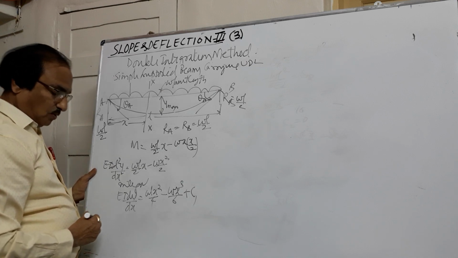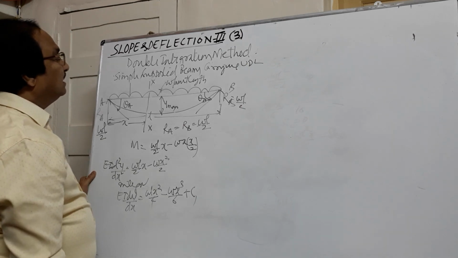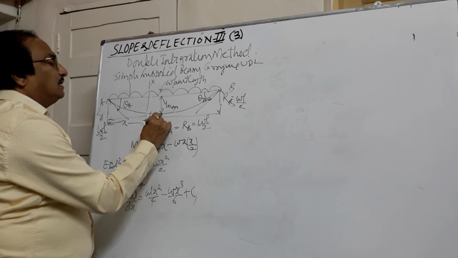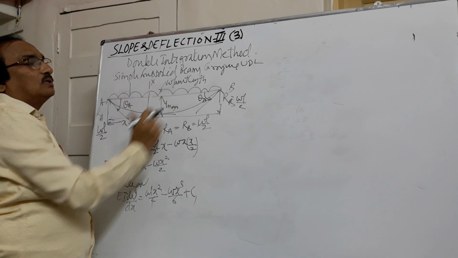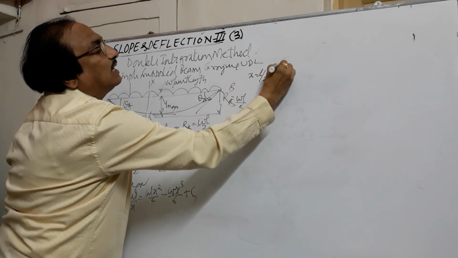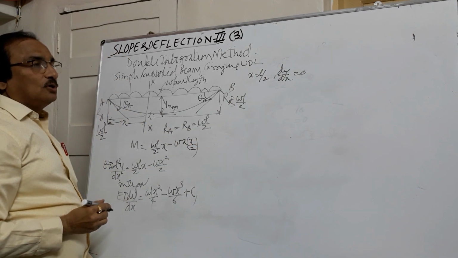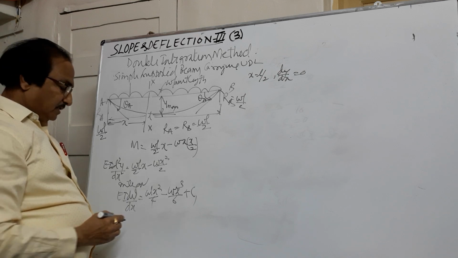Here we know that at the point of symmetry, that is at the center, the beam is symmetrical about the center. So when x is equal to L by 2, the slope will be equal to 0. So at L by 2, dy by dx is equal to 0.